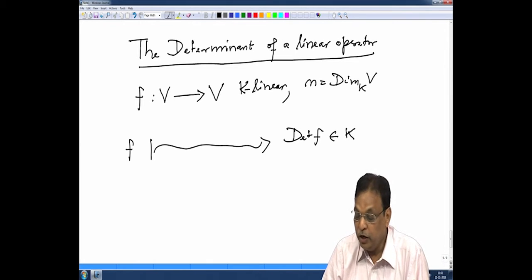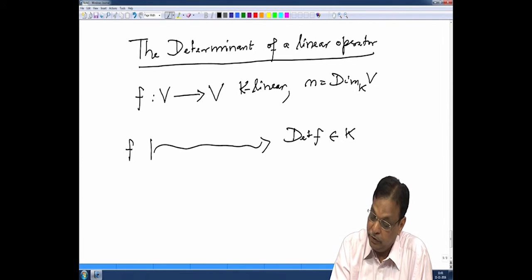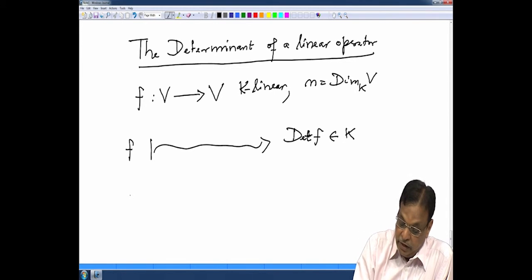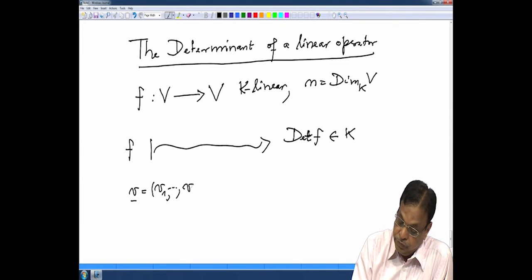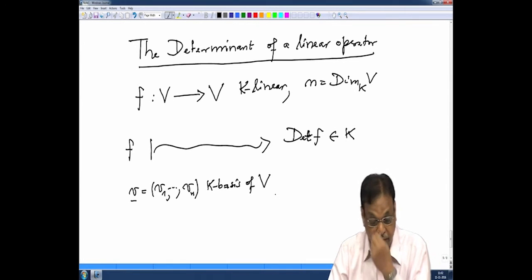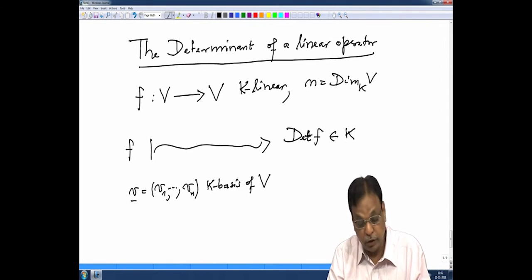And okay, one can do this in two possible ways. One is take any basis V1 to Vn of V, and take the matrix of f with respect to this basis.